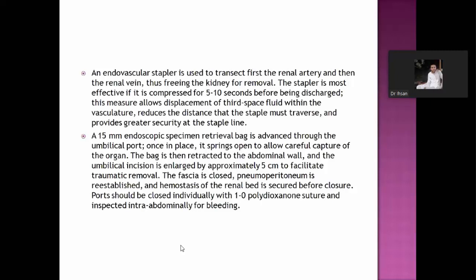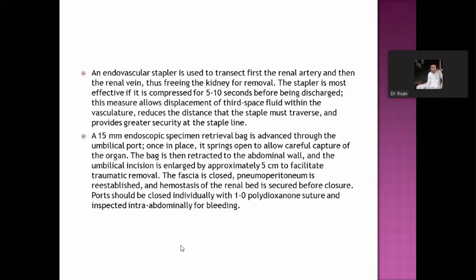A 15 mm endoscopic specimen retrieval bag is advanced through the umbilical port. Once in place, it springs open to allow careful capture of the organ. The bag is then retracted to the abdominal wall, and the umbilical incision is enlarged by approximately 5 cm to facilitate atraumatic removal.